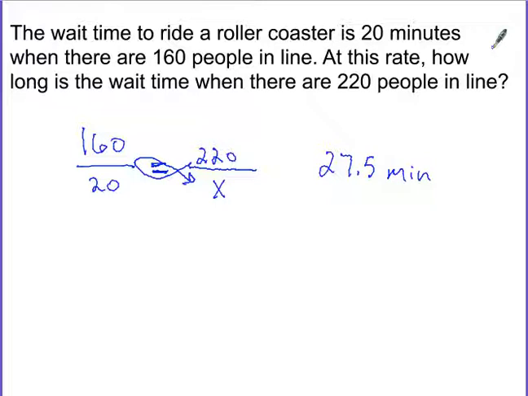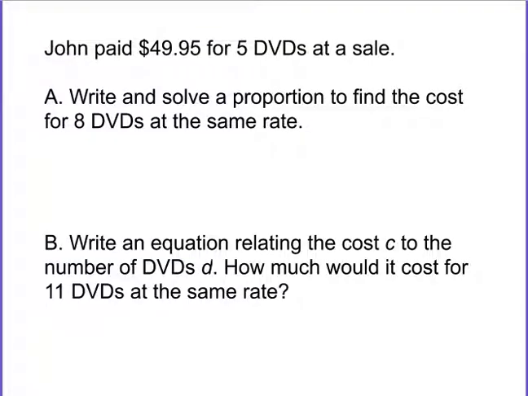Okay, let's look at another example. We're going to do two different methods to solve parts of this problem. John paid $49.95 for 5 DVDs at a sale. Write and solve a proportion to find the cost for 8 DVDs at the same rate. So we're going to do a proportion for this first one.